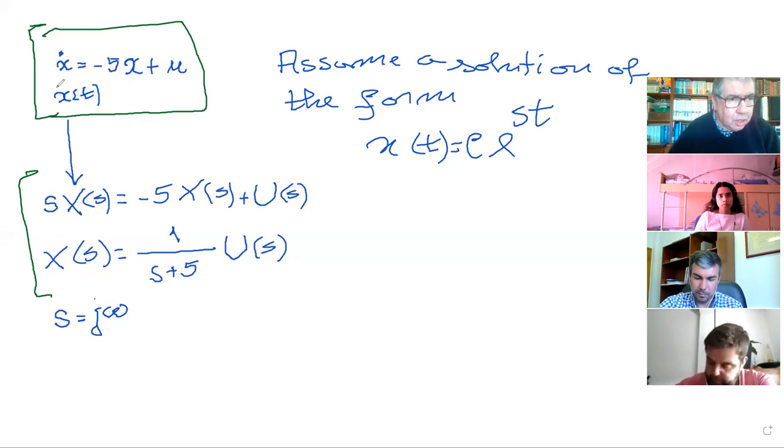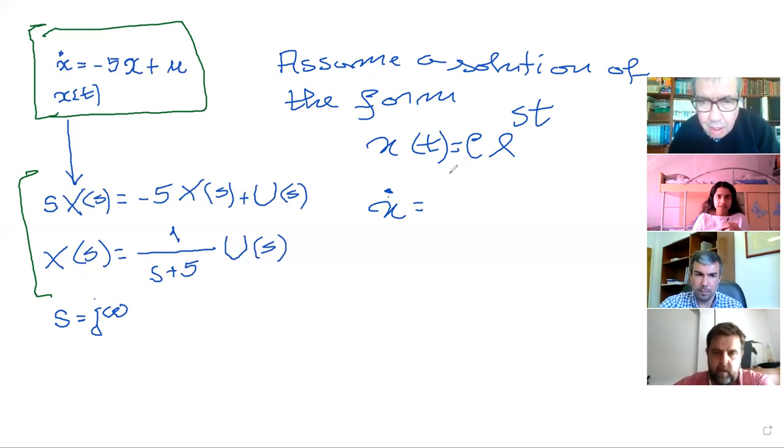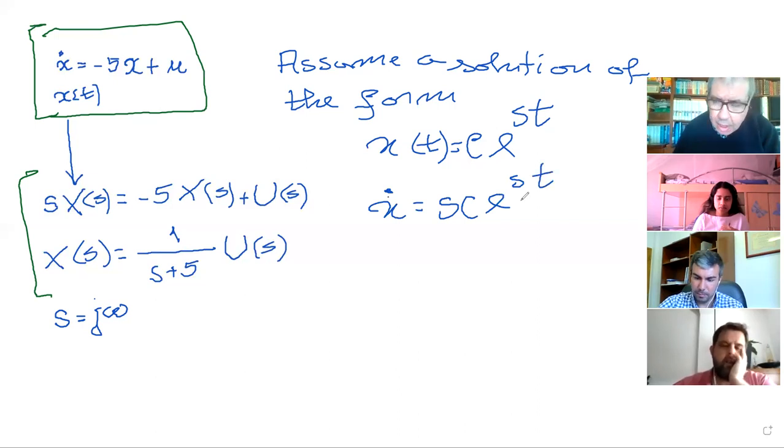So what is x dot? If x is this, what is x dot? What is the derivative of the exponential? It's s times C times the exponential of st. Looks familiar because the story of the derivative means multiply by s.